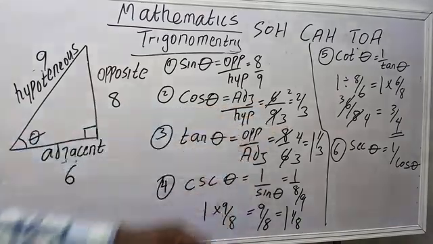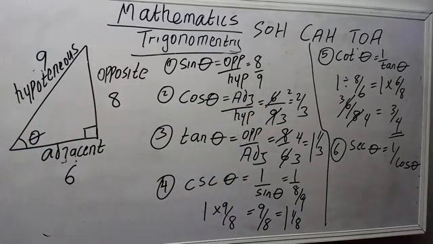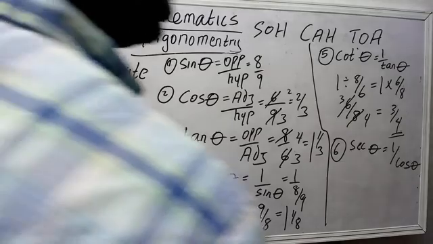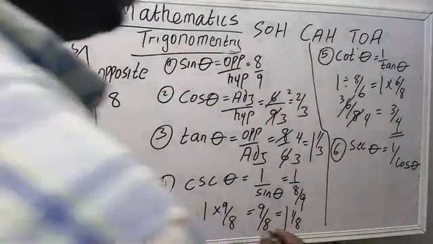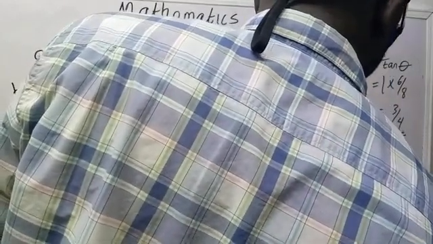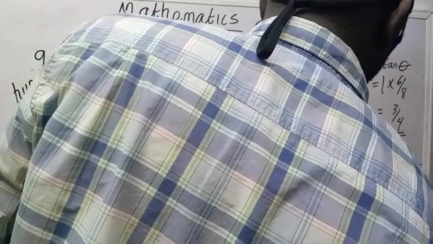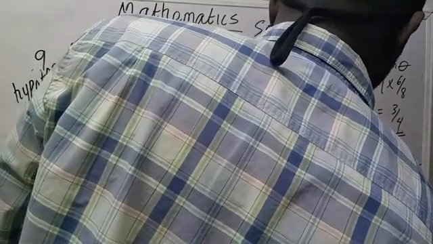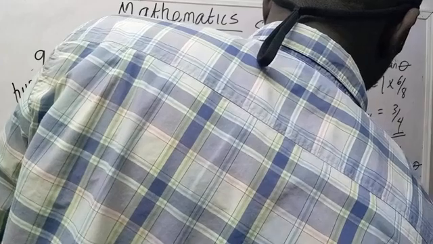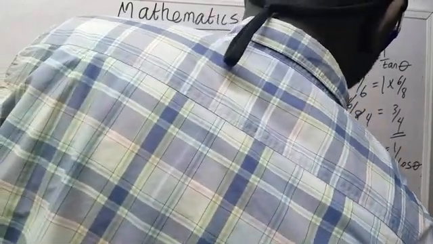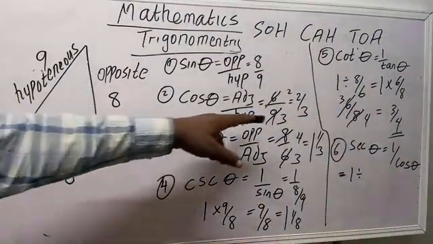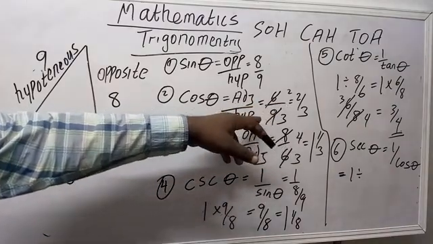Adjacent over hypotenuse. One divided by, you can see here, our answer is 6 over 9.